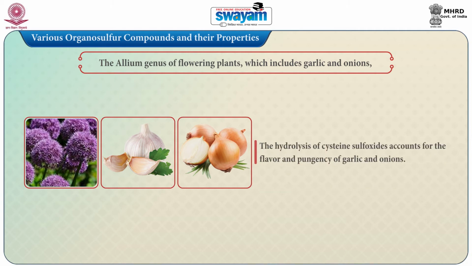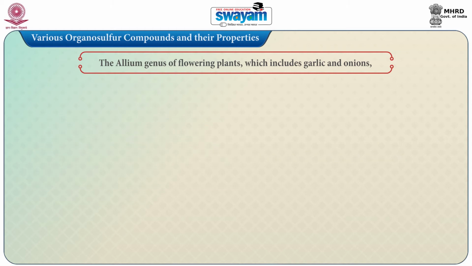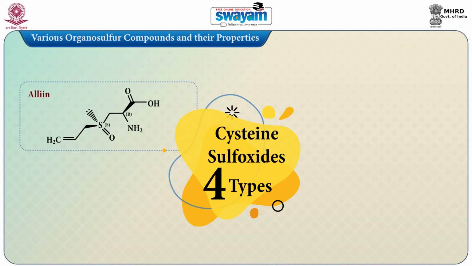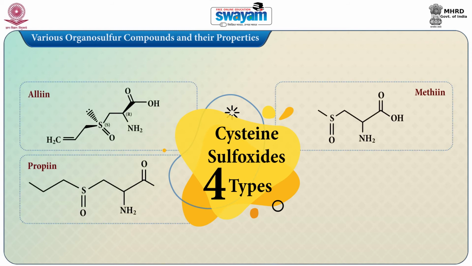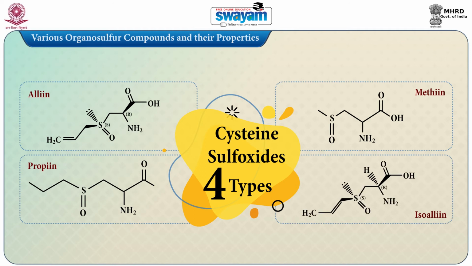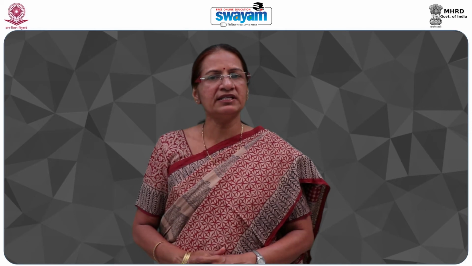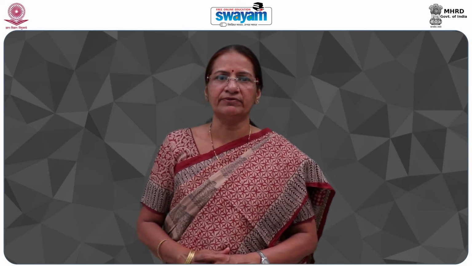The hydrolysis of cysteine sulfoxides accounts for the flavor and pungency of garlic and onions. The cysteine sulfoxides are of 4 types: alliin, methiin, propiin and isoalliin. Onions are especially rich in isoalliin, whereas garlic is rich in alliin.